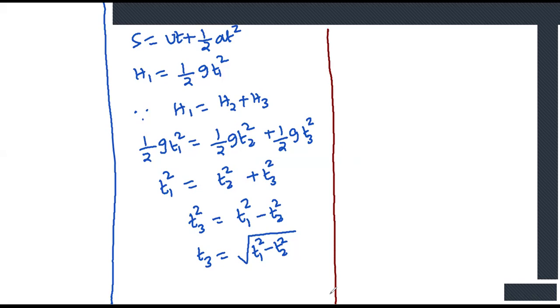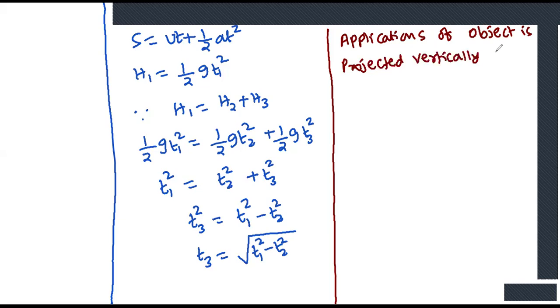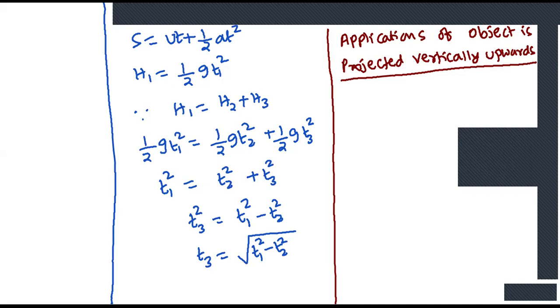These are the applications on a particle projected vertically downwards, free fall. Now, applications of an object or particle projected vertically upwards. Whenever the particle is projected vertically upwards, what are the conditions?